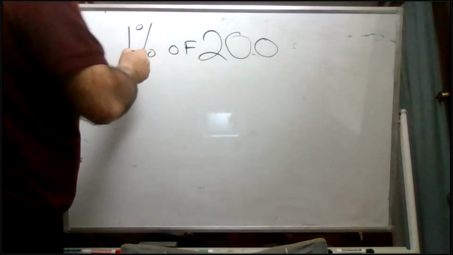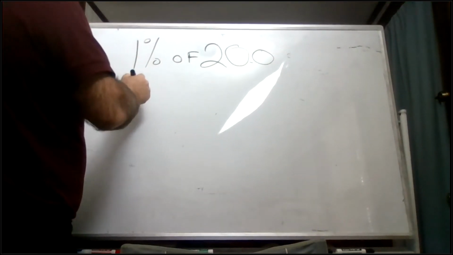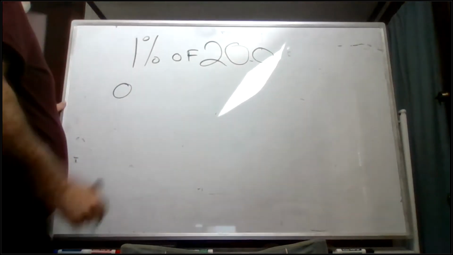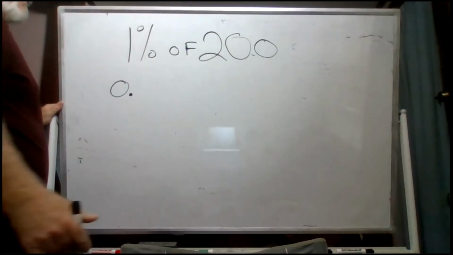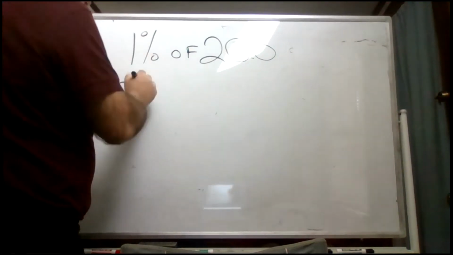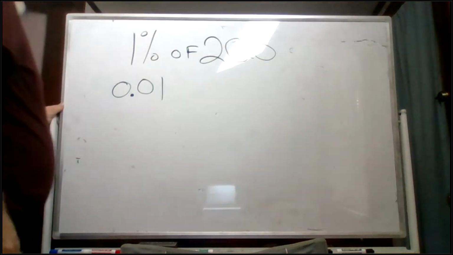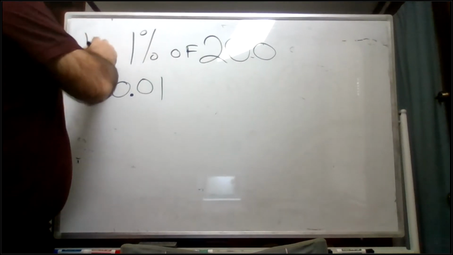So remember, two decimal places to the left. So it would be 0.01, because I always put a zero in front of my decimal places. You don't have to. Now you can solve this for yourselves by just going on a calculator and putting 1 divided by 100.